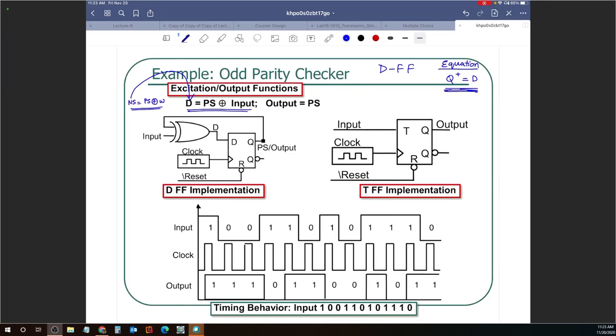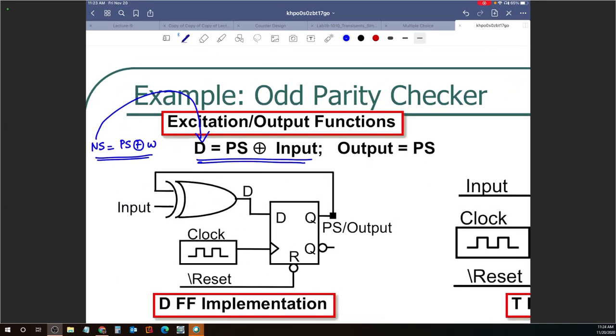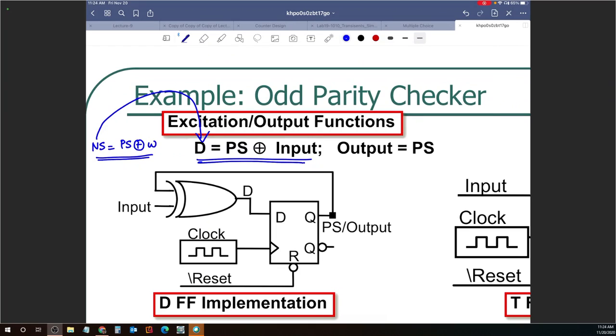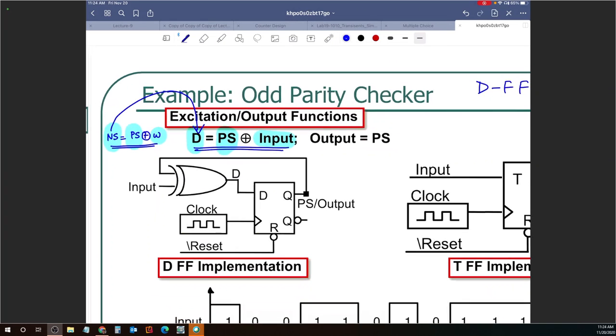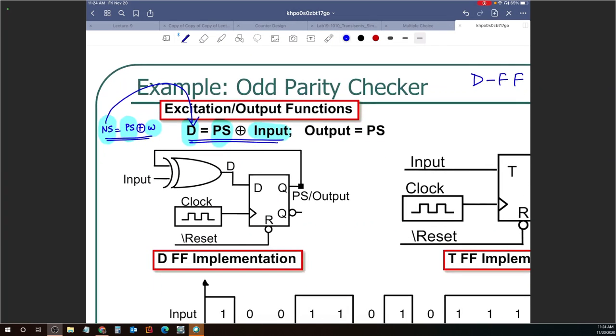So it's very simple to do this if you have a D flip-flop. So what are we saying? Next state is D, present state is present state, and W is the input. And the other expression that you guys helped me write was output Z equals present state. That's right here.